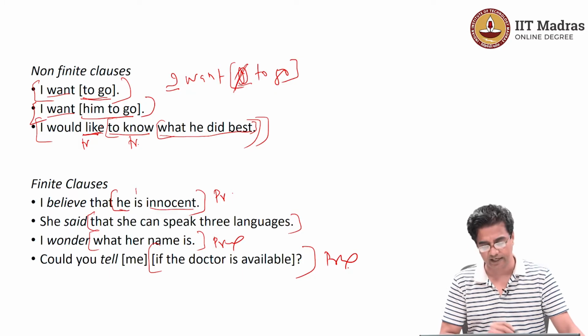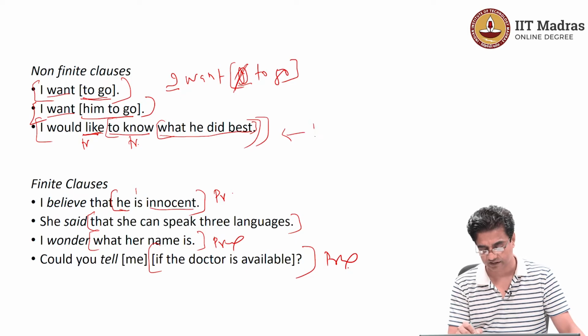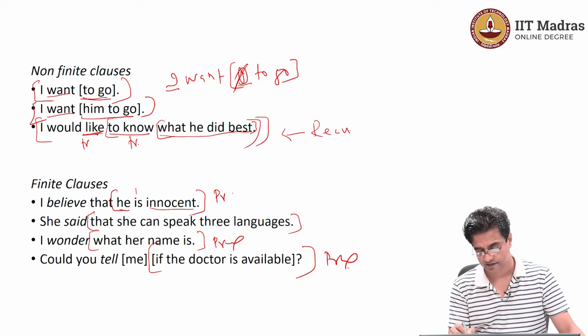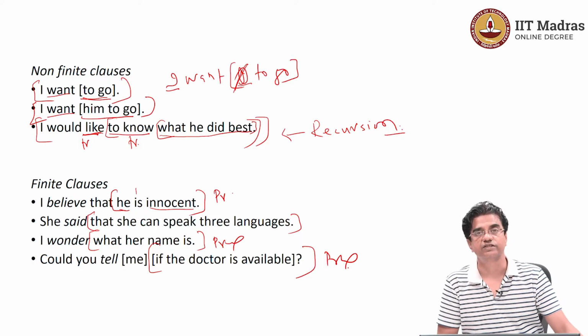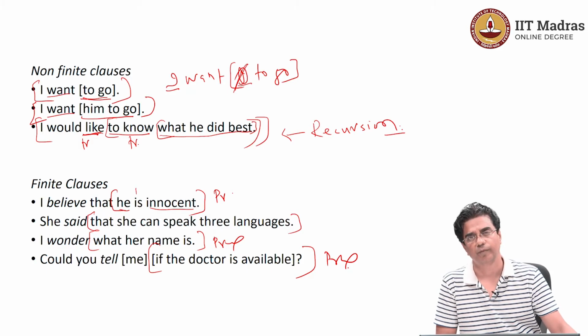Just to give you the name for reference, this kind of thing is called recursion, which is a very unique and specific property of human language, and in turn it also refers to a very specific capacity of the human mind.